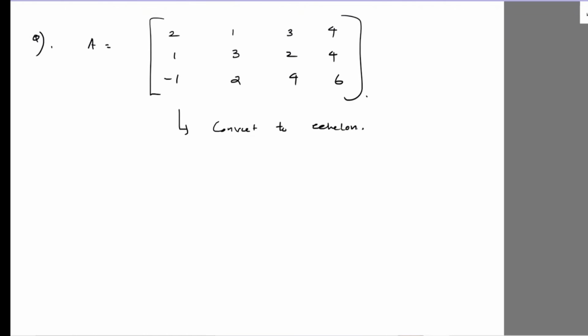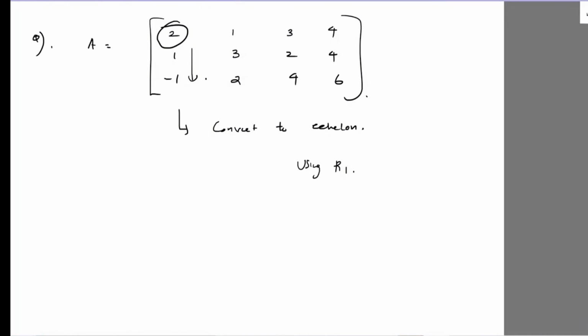Like I said, what is the first step? You have to mark the first leading coefficient. Here the first leading coefficient is 2. Then we have to make all the vertically down elements 0 using the first row. So I'm going to use R1 to make all the vertically down elements 0.